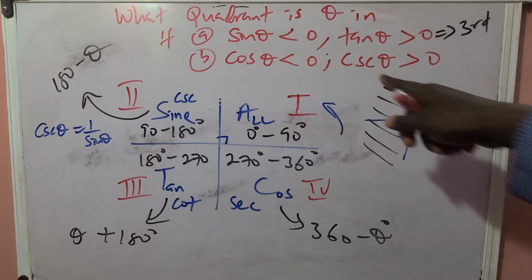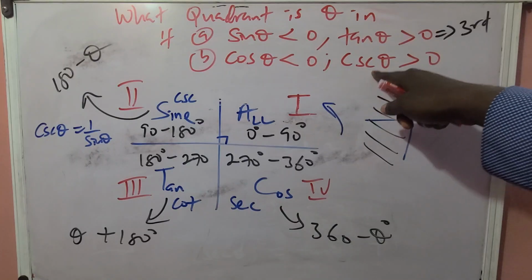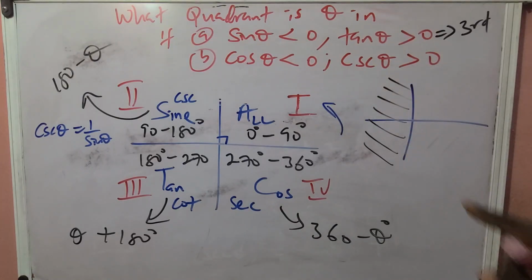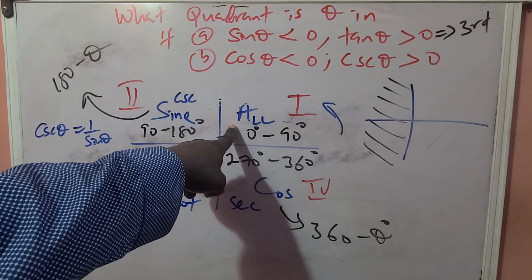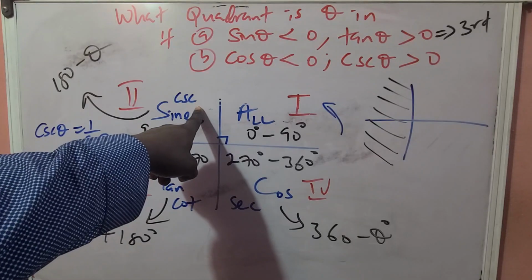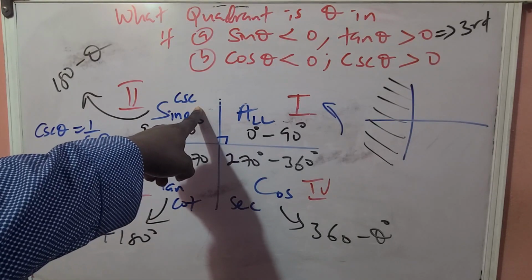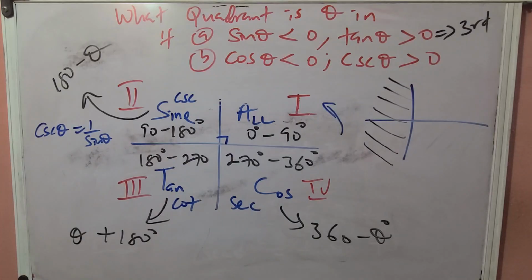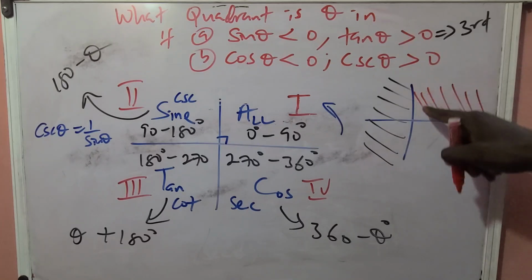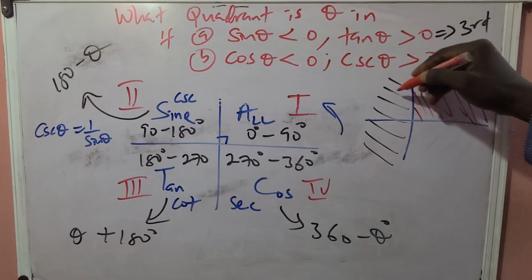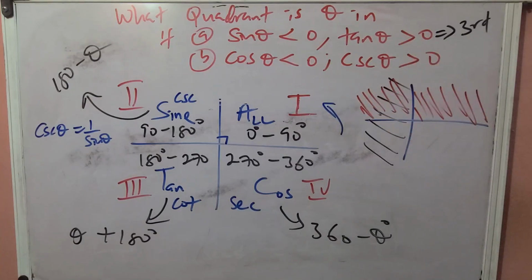Then we have cosec, the cosecant of an angle, which is the reciprocal of the sine of an angle. As I told you before, it's positive in the first quadrant, where sine is also positive, and also positive in the second, because this is greater than 0.